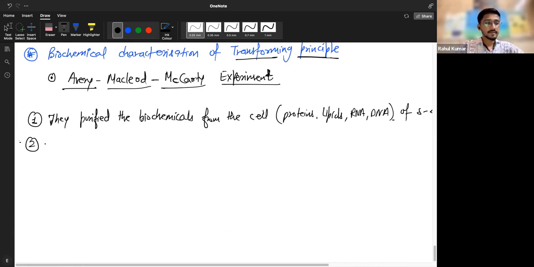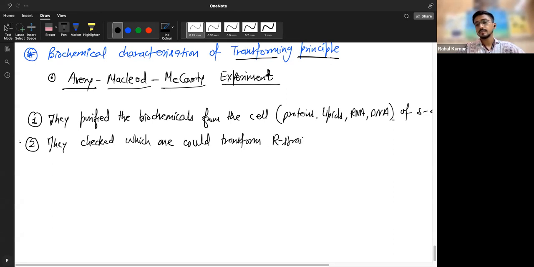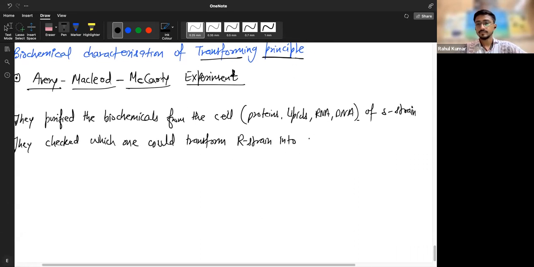Then next point, write down. They checked which one could transform R strain into S strain.